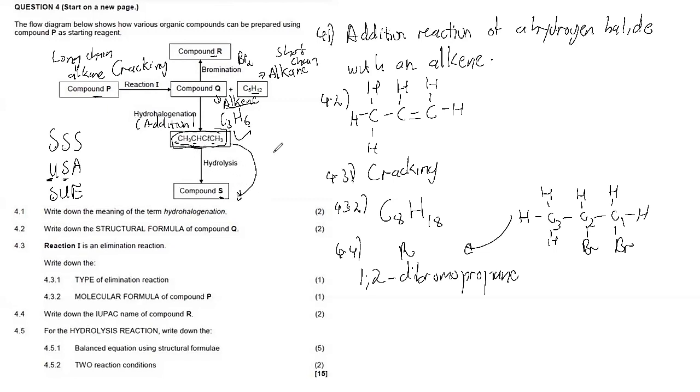Now we know that a hydrolysis reaction is a substitution reaction, which means this will be from a saturated compound to another saturated compound. Right. So what we are supposed to do here, using structural formulae 4.5.1, we want to have this structure here.